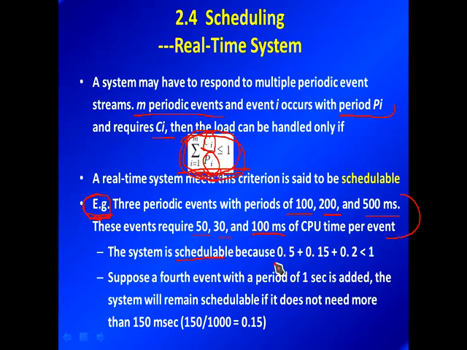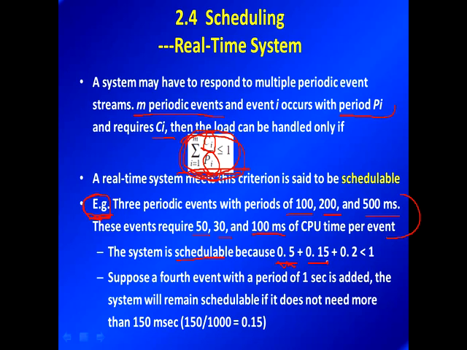Okay, so the first item is 0.5, right? The numerator is 50 and the denominator is 100. So finally, the answer for the first item is 0.5.